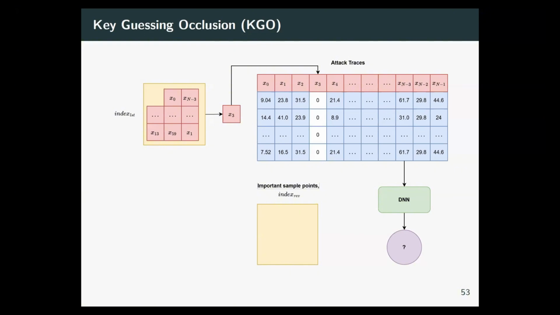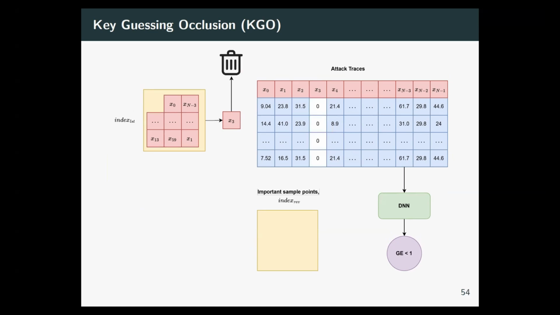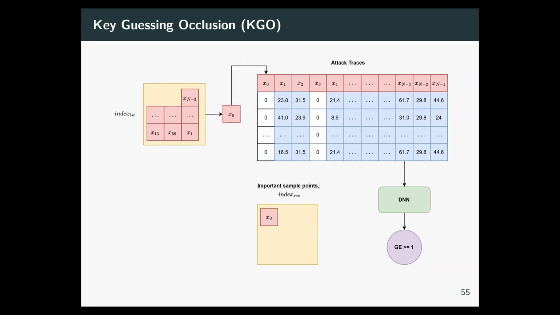In this case, this baseline value is just 0. Then we input into the deep neural network and rerun the attack phase. Then we get the Gaussian entropy. If the Gaussian entropy is less than 1, this means that this x3 is not useful for the deep neural network right now to recover the secret key. So we simply throw this x3 away and keep the value at x3 to be 0 throughout the algorithm.